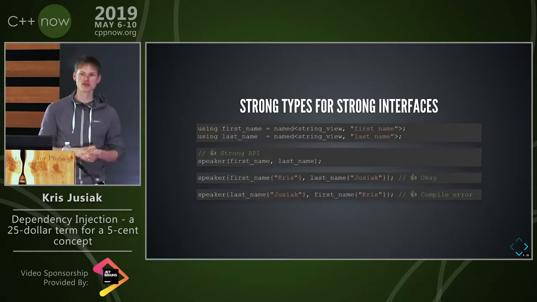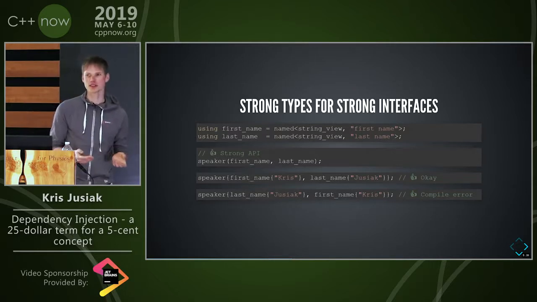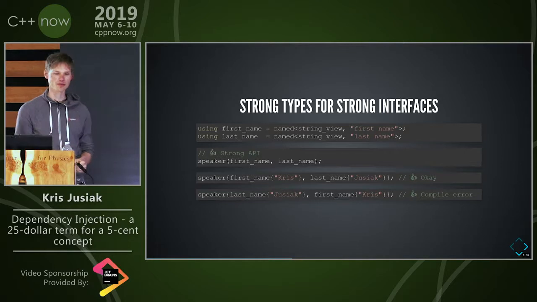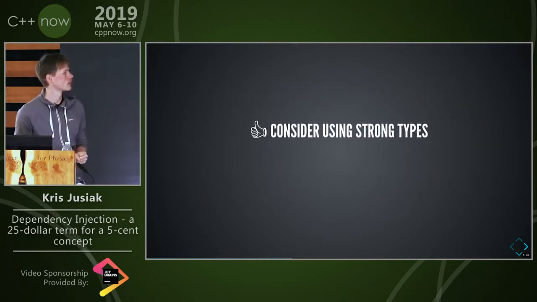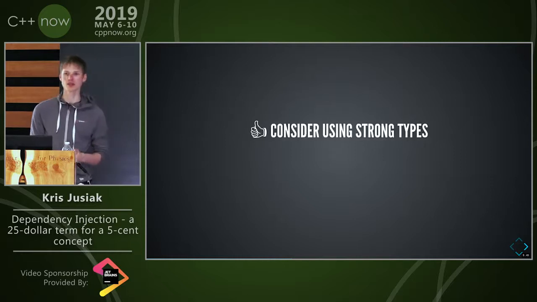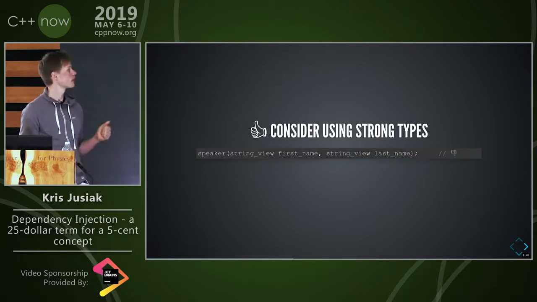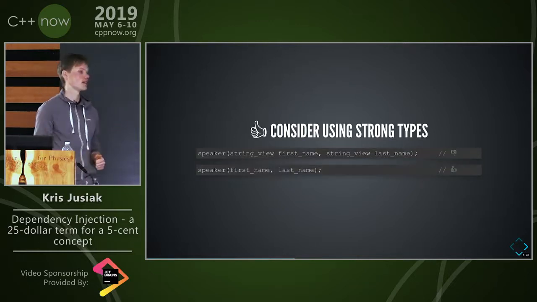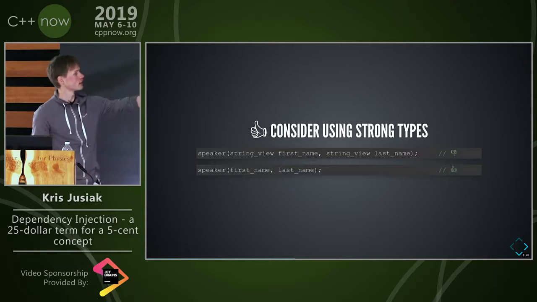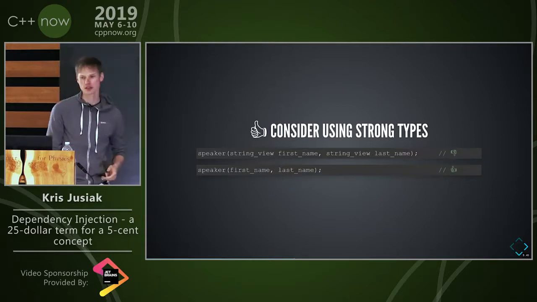However, you can misuse them as well if you use aggregate initialization instead. So it's not a silver bullet. So let's consider using strong types, because they improve our design. So that's bad. That's good, because we have types instead of the names.